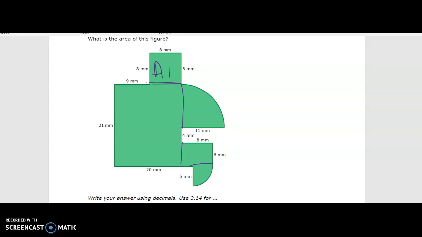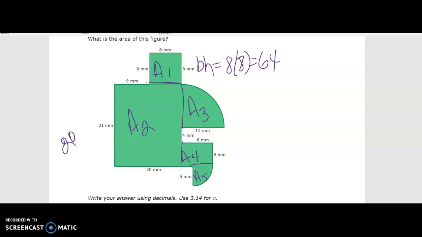So we have Area 1, Area 2, Area 3, Area 4, and Area 5. Base times height, 8 times 8, 64. Base times height. Yeah, I lost it, 420.